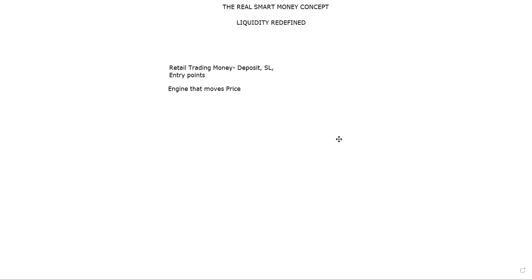For example, we mentioned that deposits of retail traders can be used as liquidity by brokers in order to facilitate the transactions that they want to facilitate. Institutions, these big guys and central banks, these smart money guys, also use stop losses.